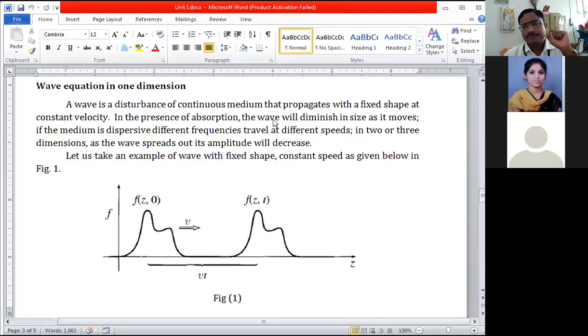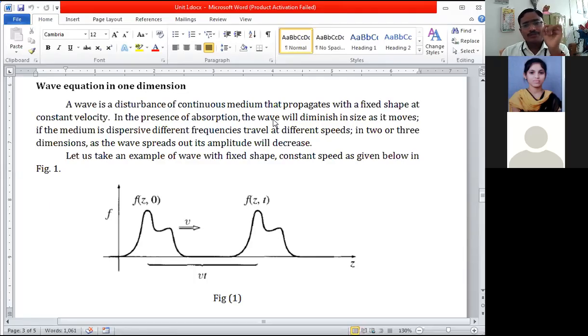Then we have the third equation, curl E is equal to minus dou B by dou t. That is also unchanged. But for the fourth equation, we have curl H is equal to J plus JD, or J plus dou D by dou t, where dou D by dou t is equal to JD, is called a displacement current density. Now these four equations, we have in microscopic form and macroscopic form.